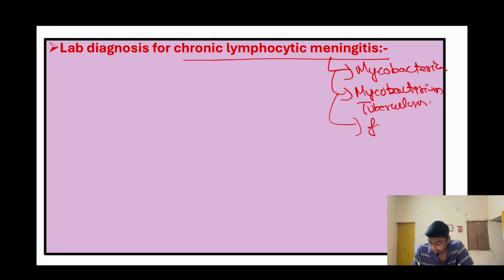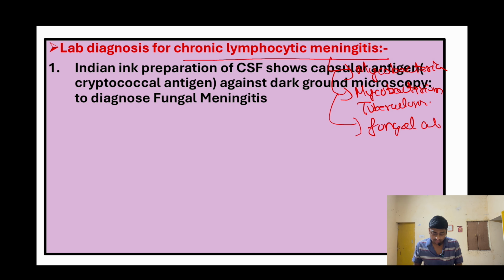Or it can be fungal also. So these two are the agents of chronic lymphocytic meningitis. Most common is Mycobacterium tuberculosis.